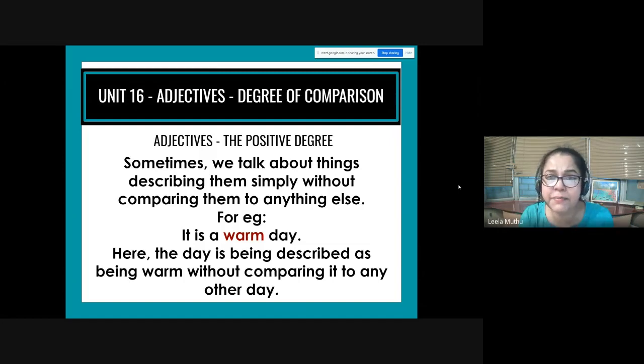Now, with these examples, you'll be able to accurately identify the degree of comparison which is being used in each sentence. So, when we are talking about a quality of a noun, we can just talk about it.